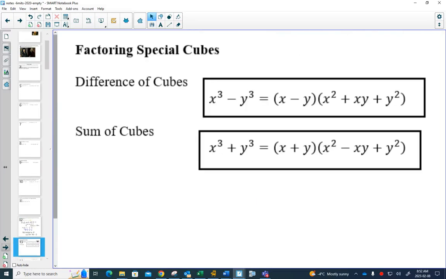So, you could use synthetic division and long division, or the factor theorem and remainder theorem to factor any x cubed graph. One of the ones that comes up quite a bit in university that isn't taught in grade 12 pre-calculus is differences of cubes and sum of cubes as something you should know as a shortcut.